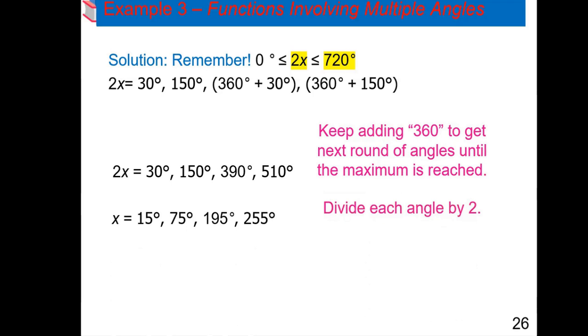So remember, do not divide your reference angle. Use it as it is to get your quadrant 1, quadrant 2, the next quadrant 1, and the next quadrant 2. These are answers for 2x. Finally, you divide everything by 2, and that's how you get the final answer for your x.